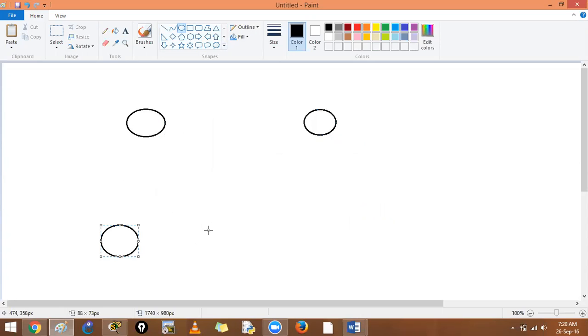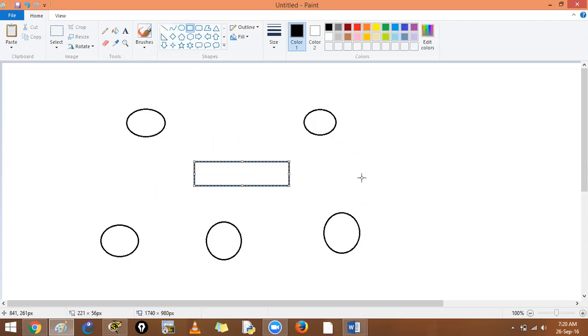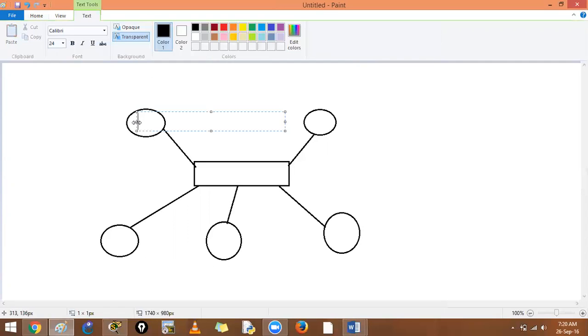Now in OSPF, you have something called network types. Assuming that you are using an Ethernet cable. See, you can use an Ethernet cable here also, or if you have a big network, you can use an Ethernet cable and connect your routers to a switch like this also. Anytime you connect an Ethernet cable, you can say there is a network type.